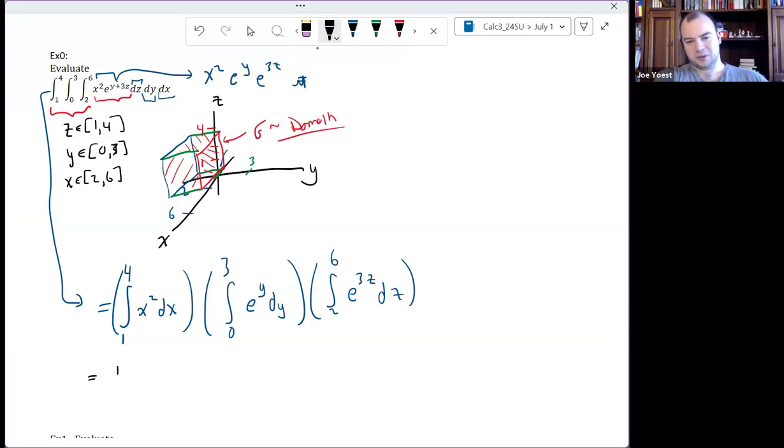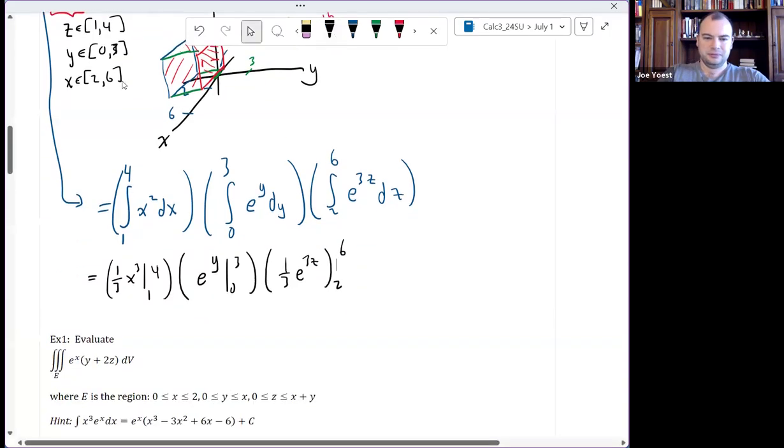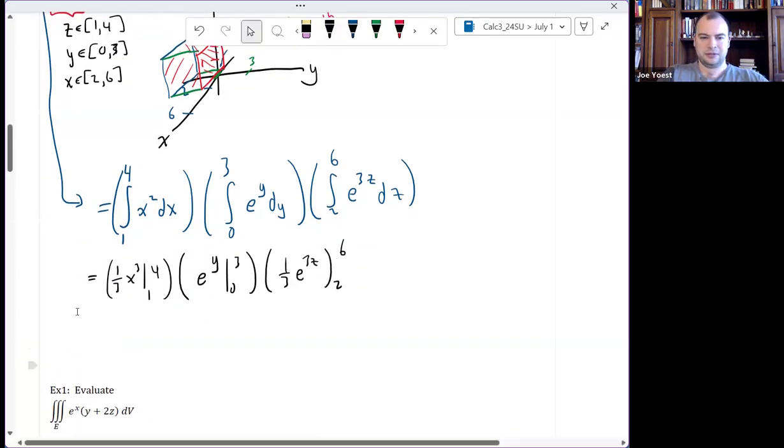And what is this? Well, this is 1/3 x cubed from 1 to 4. E to the y from 0 to 3. And this is 1/3 e to the 3z from 2 to 6. Or it looks like I have a 1/9.